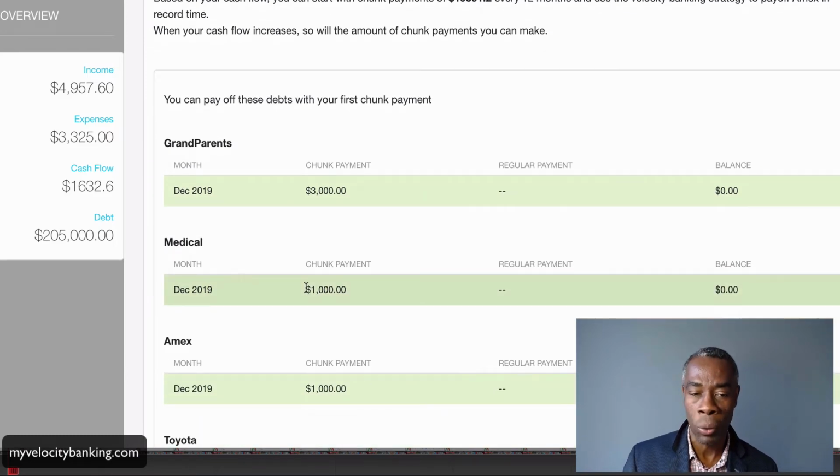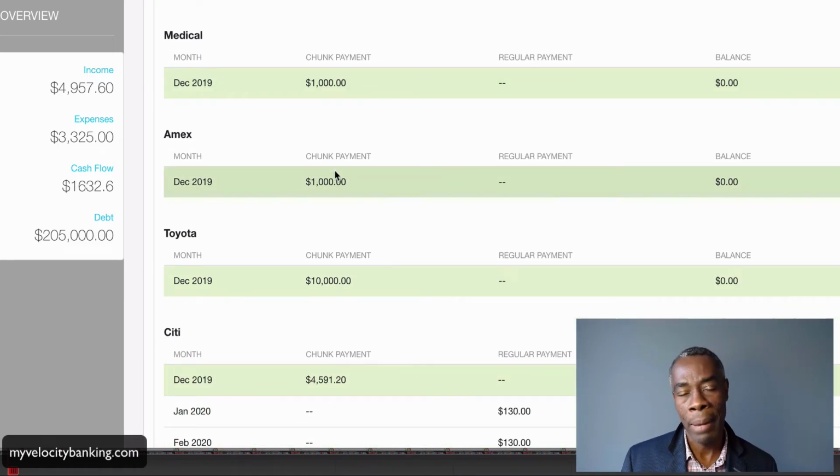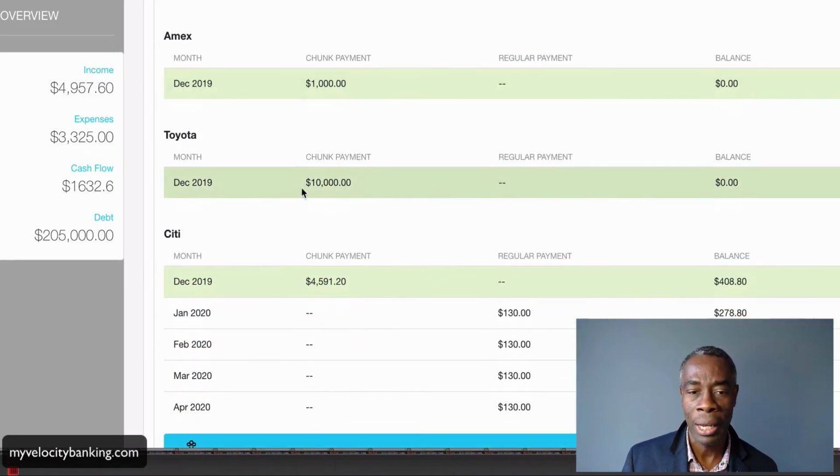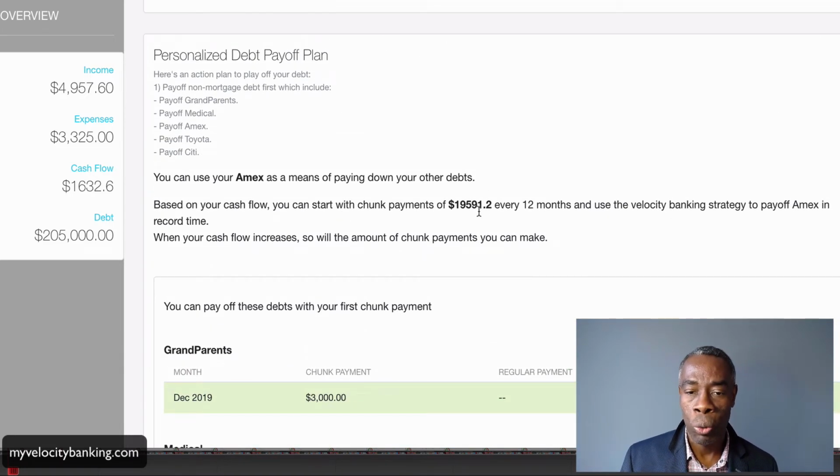The application breaks down the chunks. It says, make this chunk towards your grandparents, pay off your medical with the next chunk, pay off your Amex with that chunk, and make a $10,000 payment towards your truck as well. That all adds up to almost $20,000 in chunk payments that this person can make.